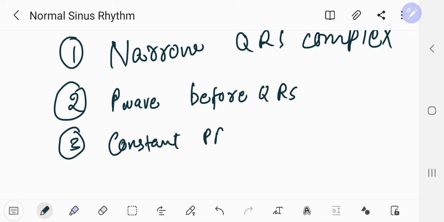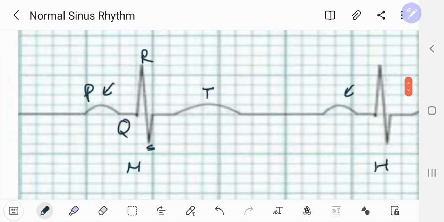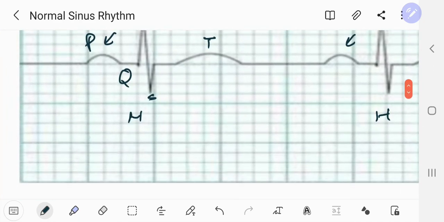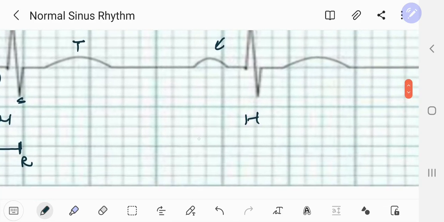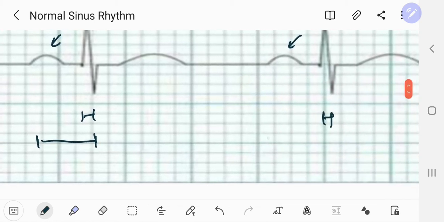The third thing is that it should have a constant PR interval. What do I mean by that? I already showed you a PR interval that starts from the P wave to the peak of the R wave. Let's say this is the PR interval. It should be constant in all the cardiac cycles. This should be constant, this should be constant.